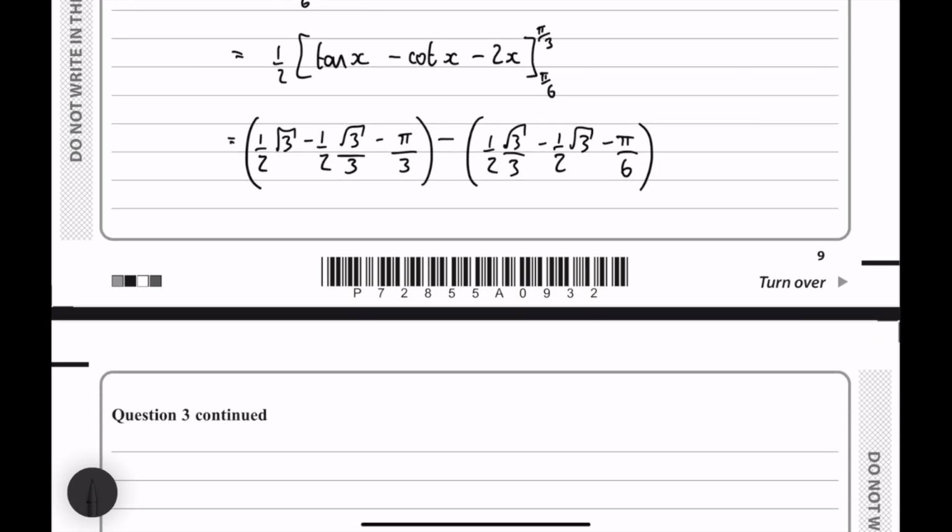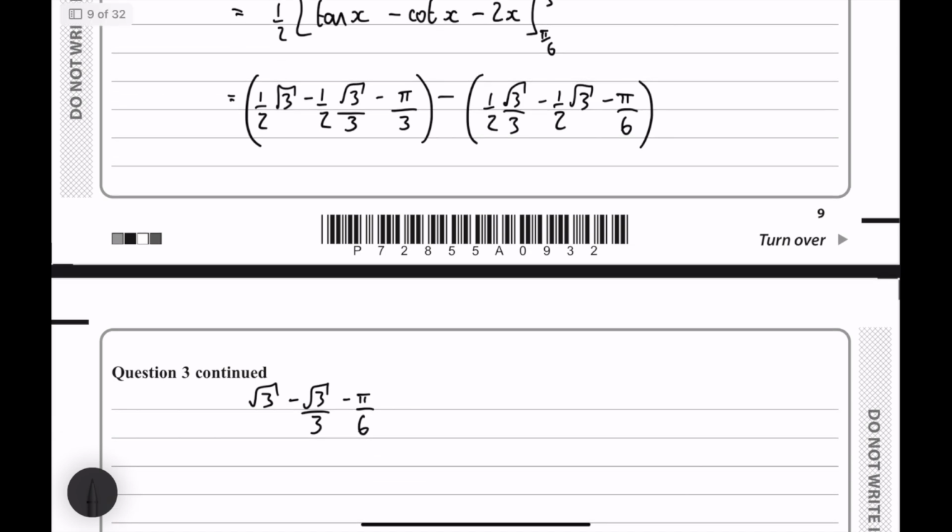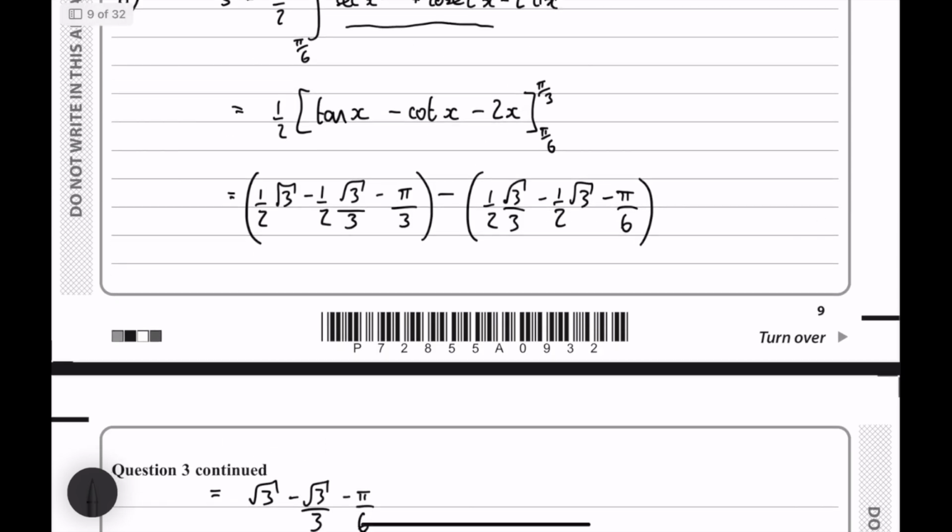So we've got half of root 3 plus half of root 3 gives us root 3, minus half of root 3 over 3, that's minus root 3 over 6, and then minus pi by 3 plus pi by 6. And unless I've made any silly mistakes, that should give us the final answer.